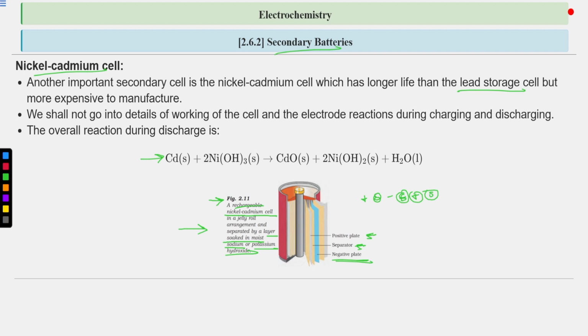If you are talking about the cell, then what is a cell basically? We are talking about its reaction, but if you are talking about a cell reaction, you first have to understand what a redox reaction is, because that type of reaction is happening in the cell. Then how can you represent the cell?